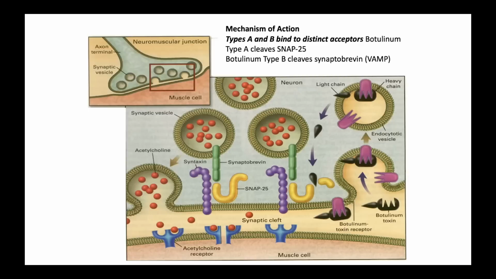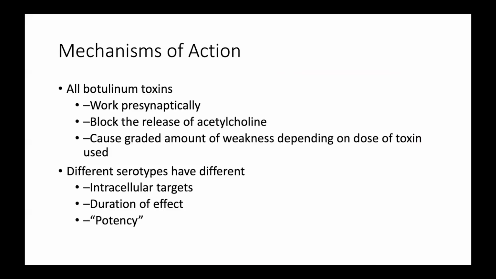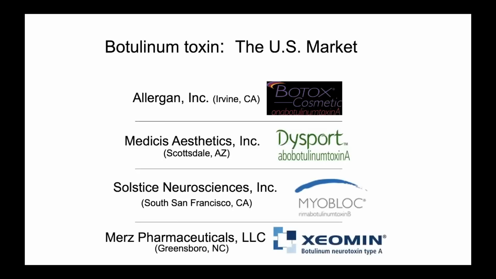But used in very small amounts in very precise places, this can actually cause those muscles not to fire. And that becomes really important as we try to treat wrinkles and lift certain tissues. On the market now, it used to be just Botox. Now there's also Dysport, Myobloc, Xeomin.